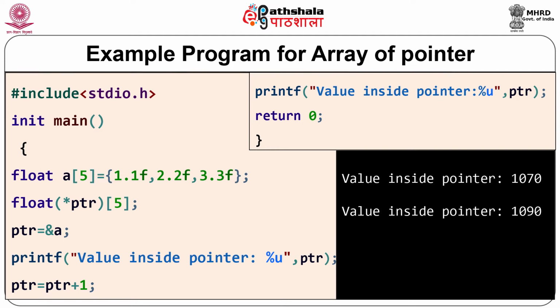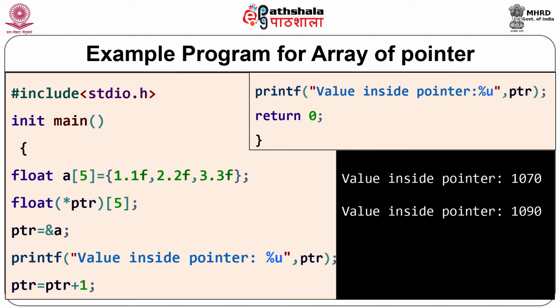This will print the value inside the pointer, that is ptr. The next statement is ptr = ptr + 1. This will increment the pointer. After that we are using one more printf statement, printf value inside pointer, ptr, return 0.